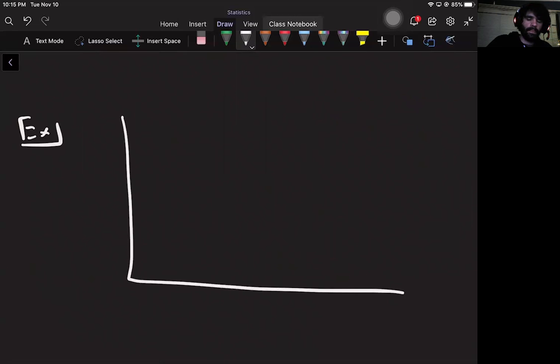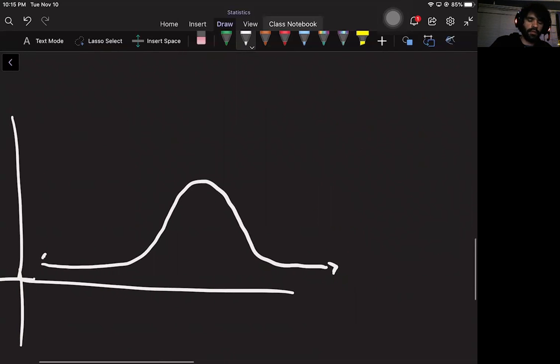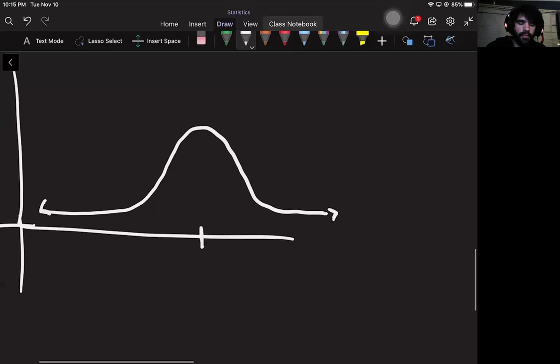So something like this. This is a bell curve, which hopefully I've drawn pretty symmetrically. And the middle point of the symmetric bell curve is always going to be whatever the mean is, the expected value of the random variable.